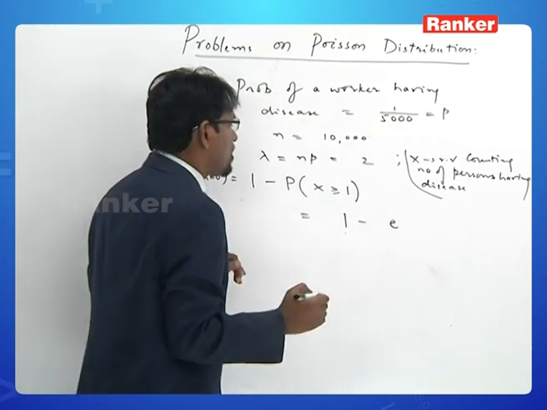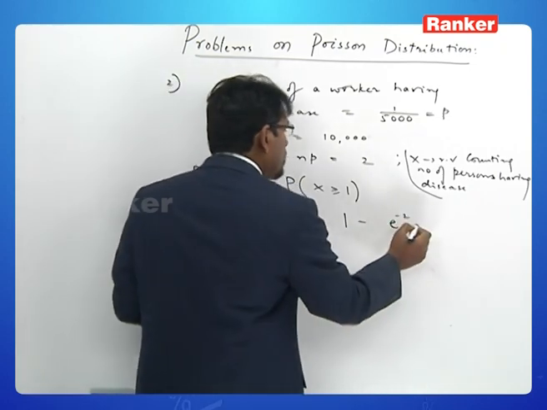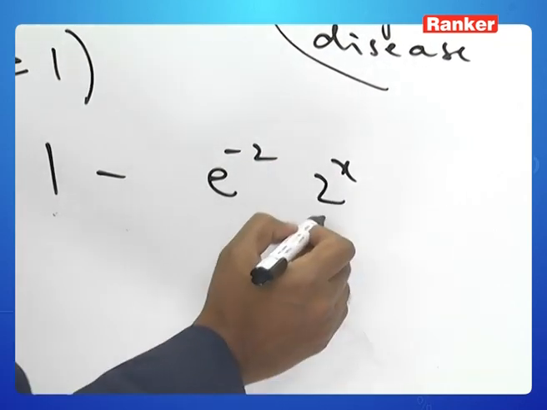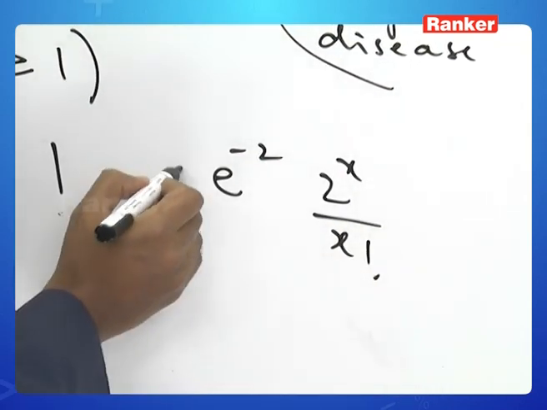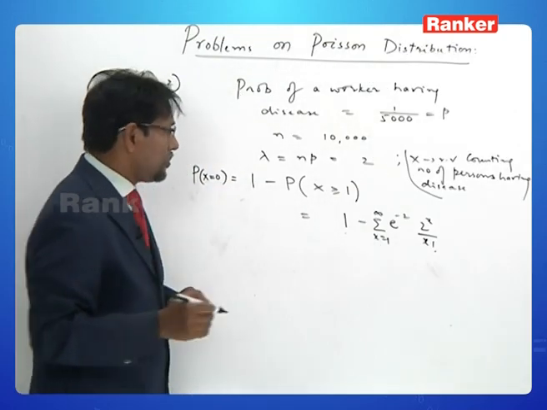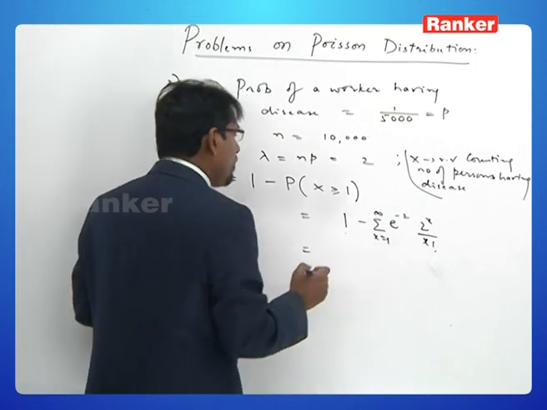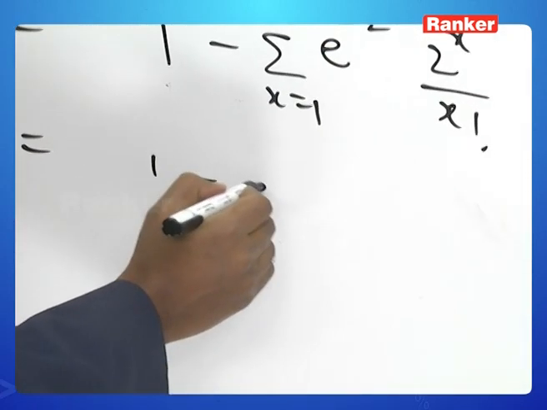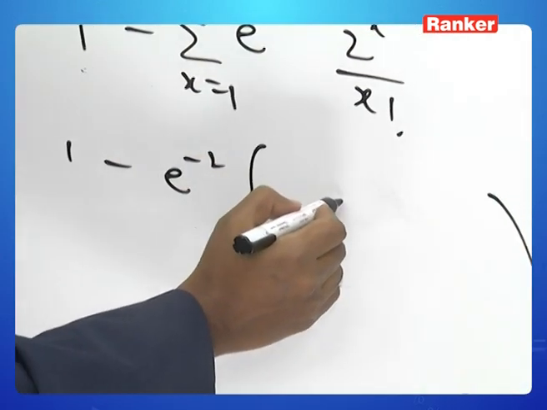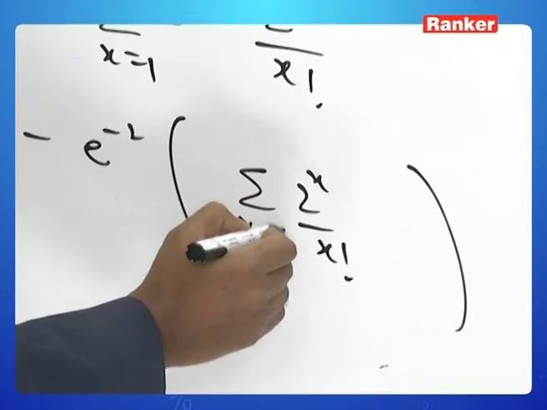We will write this as e power minus 2, lambda value, into lambda power x, that is 2 power x, by x factorial, x ranging from 1 to infinity. So this is going to be 1 minus e power minus 2, which can be taken out common, and here we have sigma 2 power x by x factorial, x ranging from 1 to infinity.